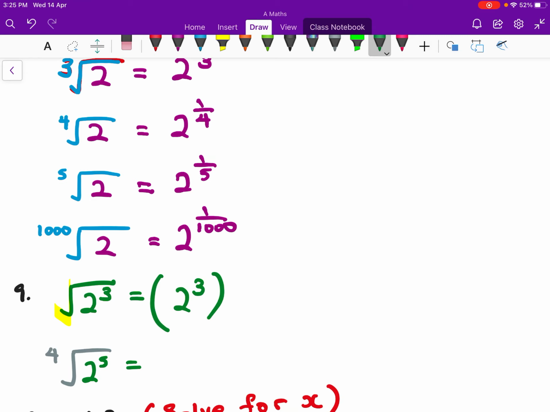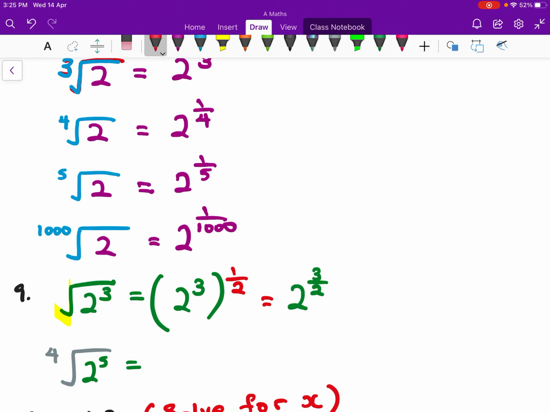Then since square root of anything is to the power of half, right? You just put a half here. Okay, so now this formula is back to our law number 3 already. So you simply just multiply the 3 and a half. Okay, so 2, 3 times half is 3 over 2. Okay, so this will be back to your law number 3.